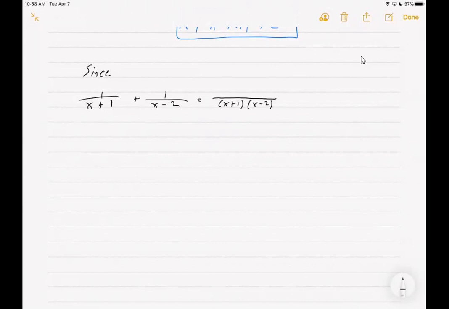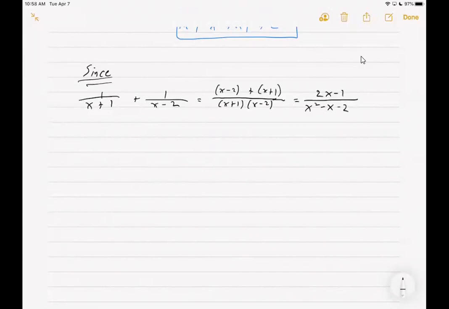The first fraction would have been missing a factor of x minus 2. The second fraction would have been missing a factor of x plus 1. So when we combine them over one denominator, we'll get that sum. That equals 2x minus 1 all over x squared minus x minus 2.